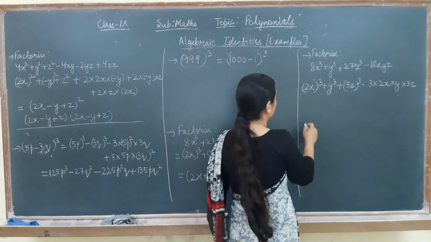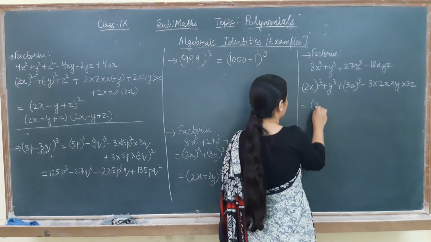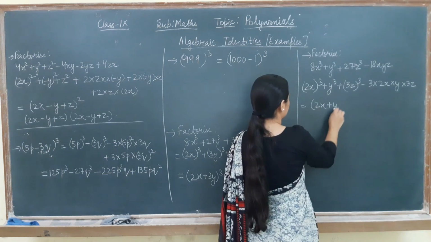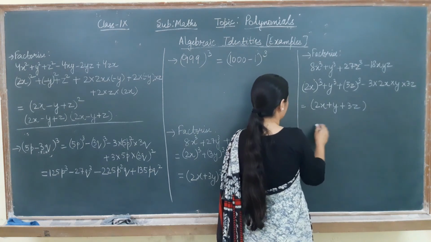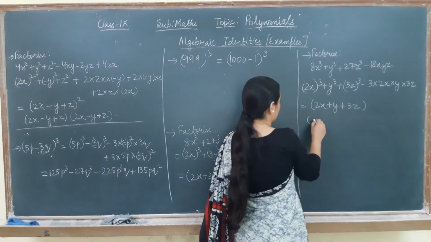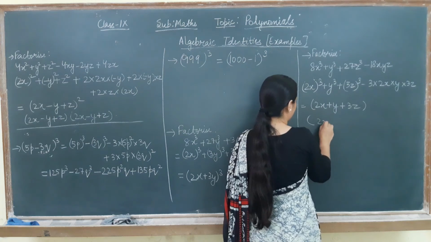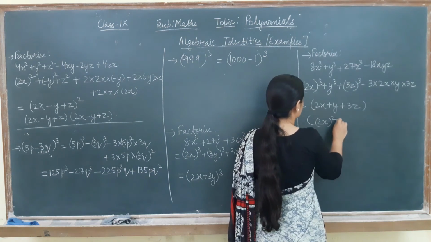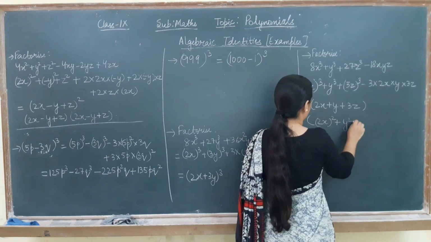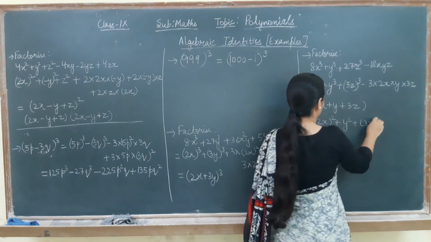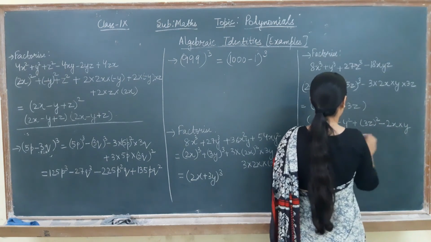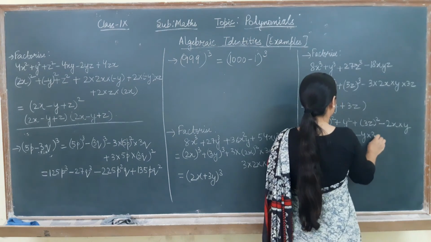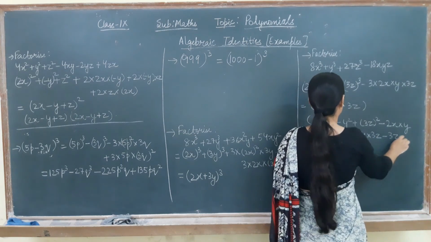So this is equal to x plus y plus z, that means 2x plus y plus 3z, and in the second bracket I am writing it here: x square plus y square plus z square minus xy minus yz minus zx.